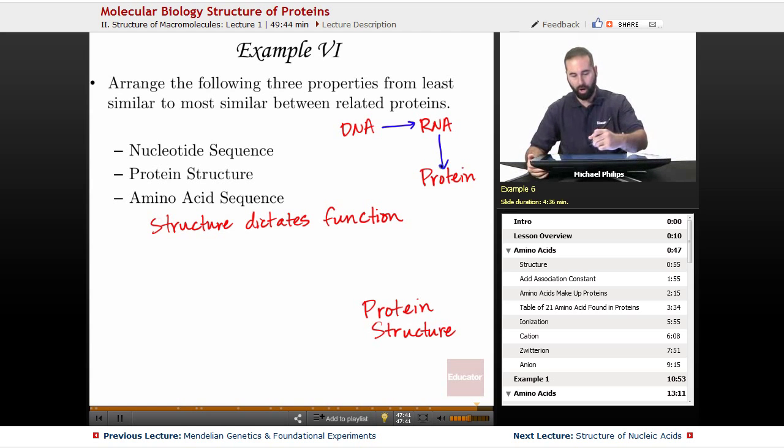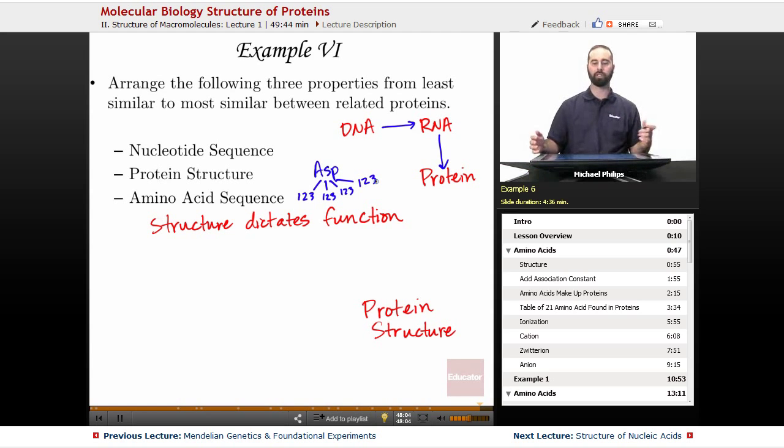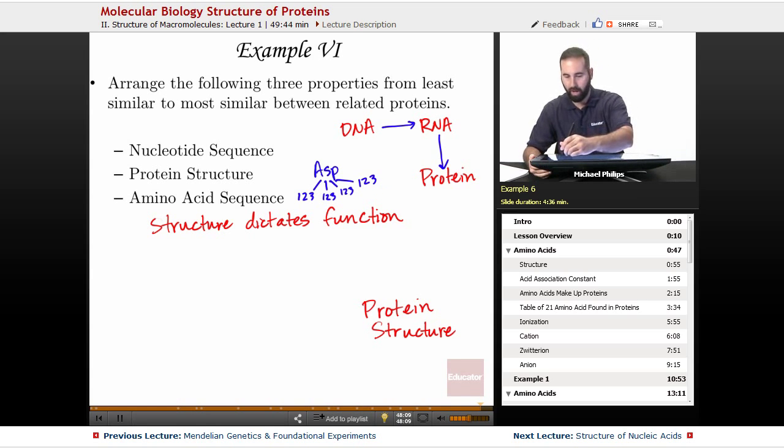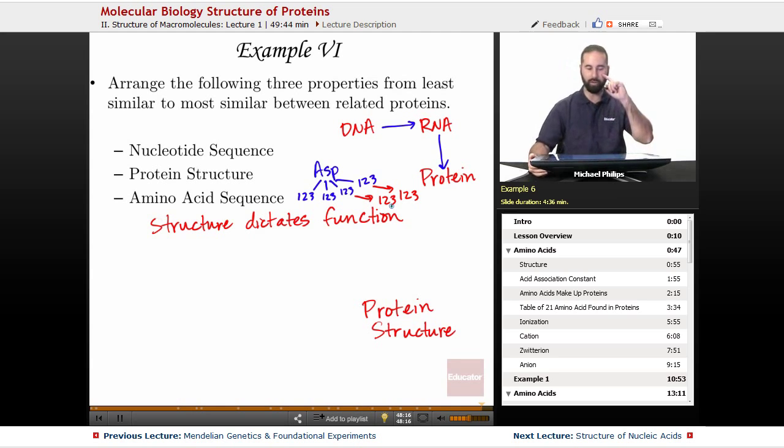So therefore, with our amino acid sequence, we could get, let's say, aspartate from multiple different RNA triplets. So 1, 2, 3, 1, 2, 3, 1, 2, 3. And this is RNA, our codons. And remember, our RNA is made from DNA. So this will have come from 1, 2, 3 of DNA, and so on and so forth.